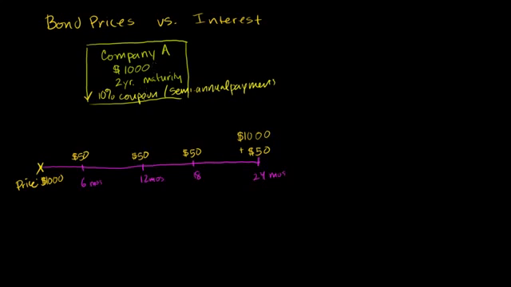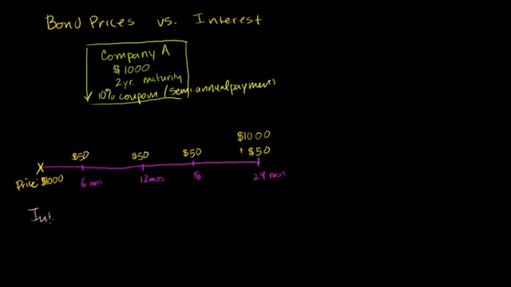Now, let's say that the moment after you buy that bond, obviously interest rates don't move this quickly, but to be a little bit more realistic, let's say the very next day, interest rates go up. Let me do this in a new color.